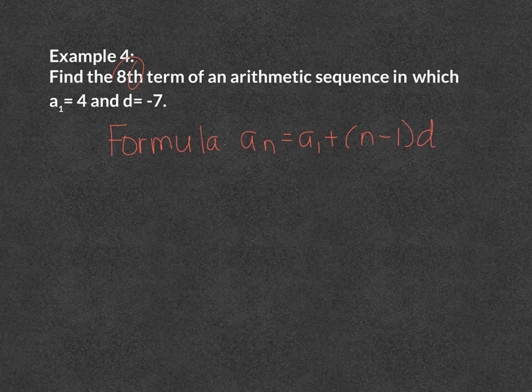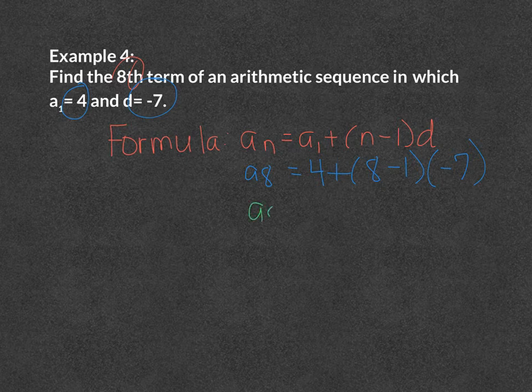A sub n is the term we're looking for, which is the 8th term. So it'll be a sub 8. A sub 1 is the first term in the sequence. They told us it's 4. N is how many numbers in the sequence, and we know there's 8. So 8 minus 1, and d, they told us, is negative 7. So we're going to multiply by negative 7.